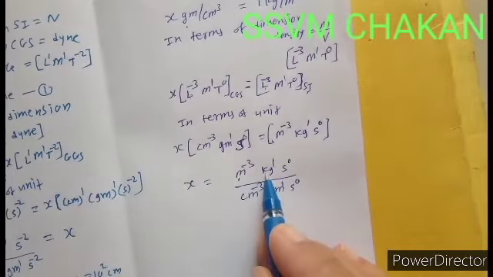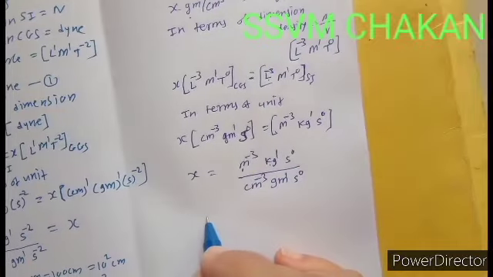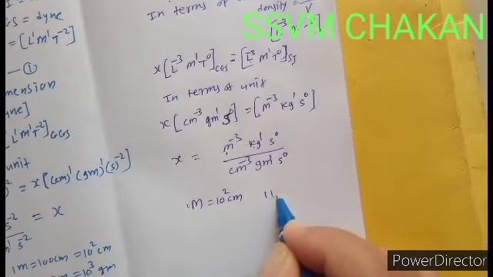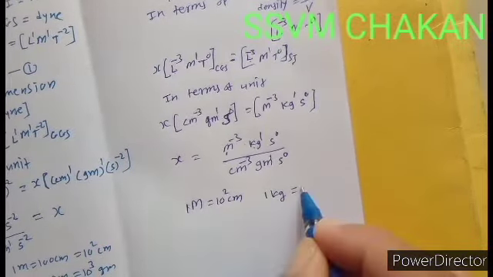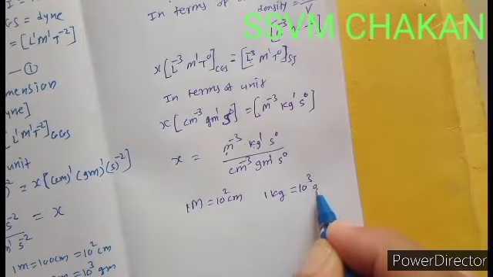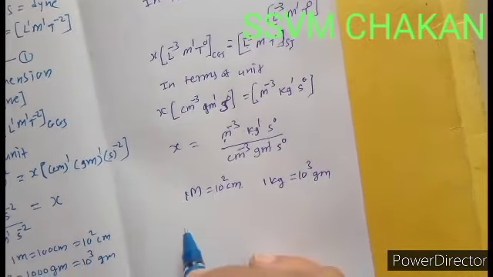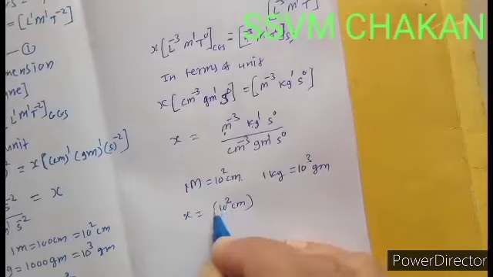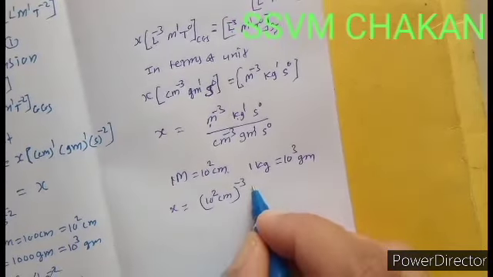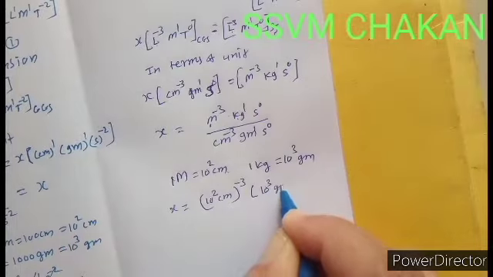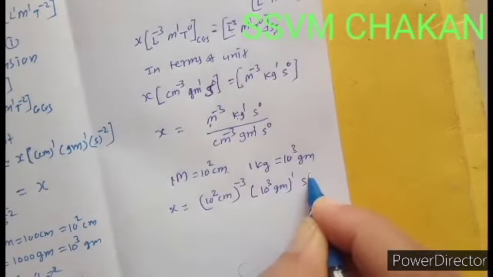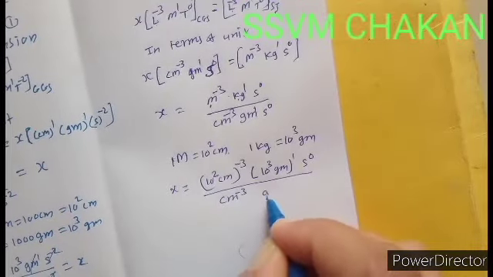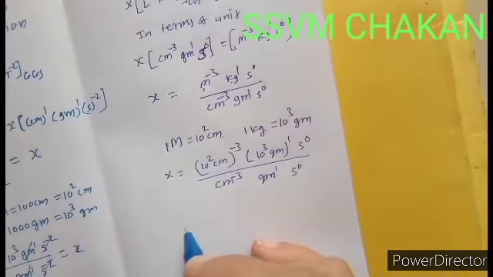So convert meter into centimeter, kg into gram. We know 1 meter is equal to 10 raised to 2 centimeter and 1 kg is equal to 10 raised to 3 gram. Substitute values. So x is equal to 10 raised to 2 cm whole bracket raised to minus 3, 10 raised to 3 gm whole bracket raised to 1, s raised to 0, divided by cm raised to minus 3, gm raised to 1, s raised to 0.